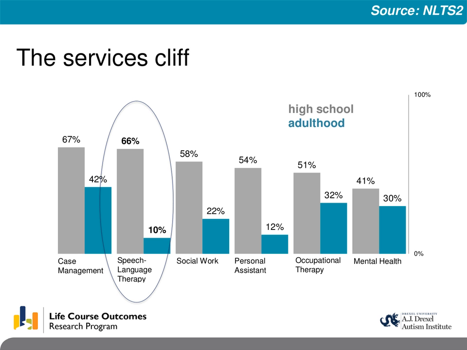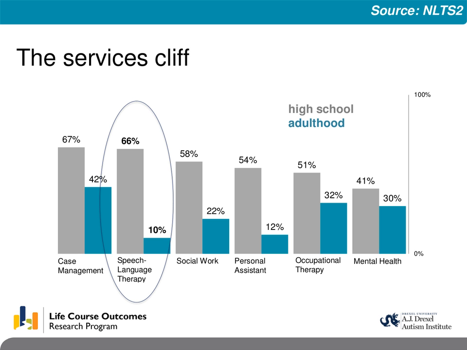Again, using national data, we were able to quantify this and share this with decision makers and lawmakers and agency directors to really illustrate just how big this cliff is and how dramatic and how impactful this is. So, for example, we often highlight the case of speech-language therapy, which is the most commonly accessed type of therapeutic service during the special ed years.